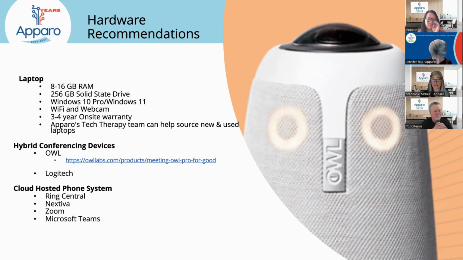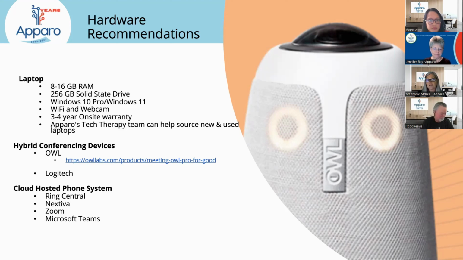It's got a rotating lens at the top. They do offer a nonprofit discount, and I'll put the link on the slide for you all. It's through their Owl for Good program. Logitech's another really popular audiovisual tool, a video camera. There's a lot of different ones that will fit your budget.